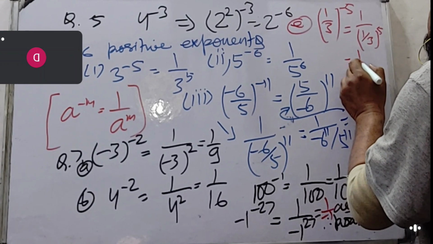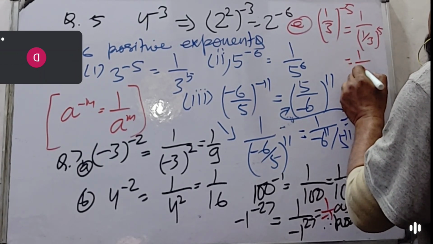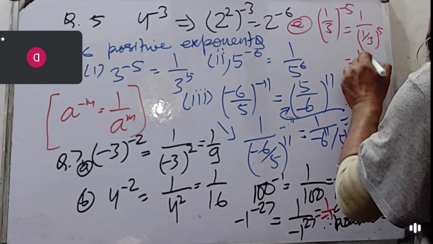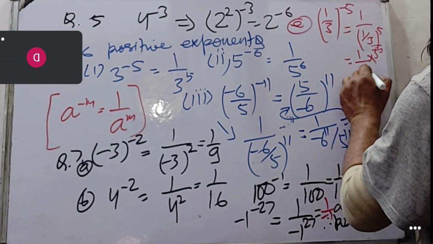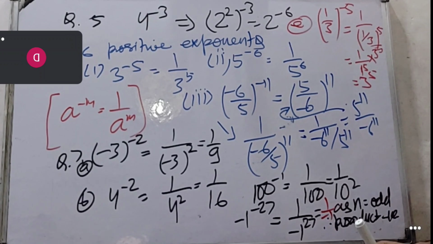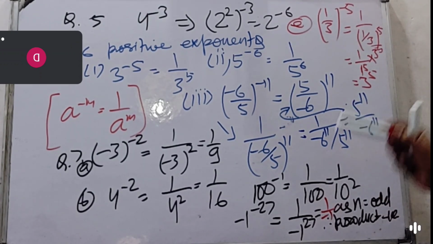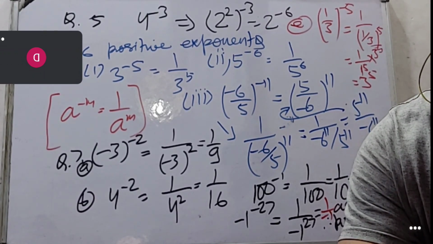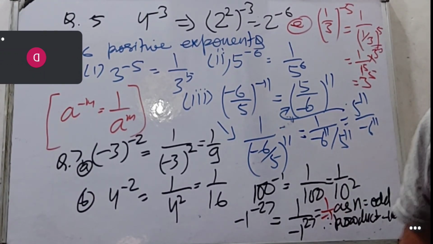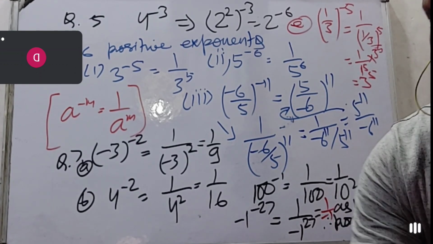It becomes 1 raised to the power 5 into 3 raised to the power 5. So it becomes 3 raised to the power 5, right? So this is 3 raised to the power 5. So this much we have for this. This is question number 8 we have now.